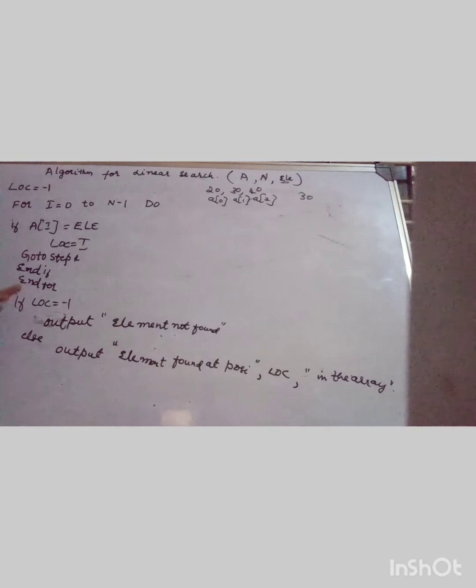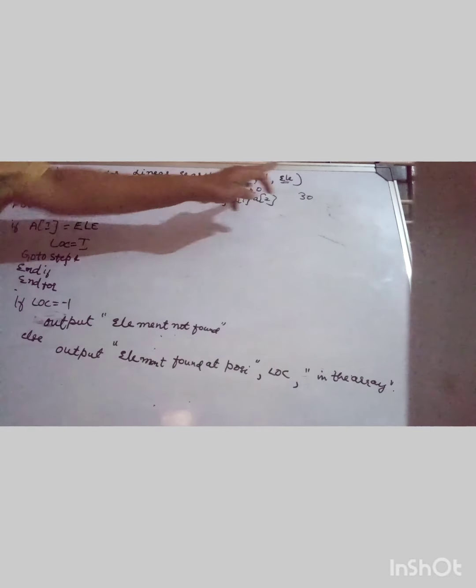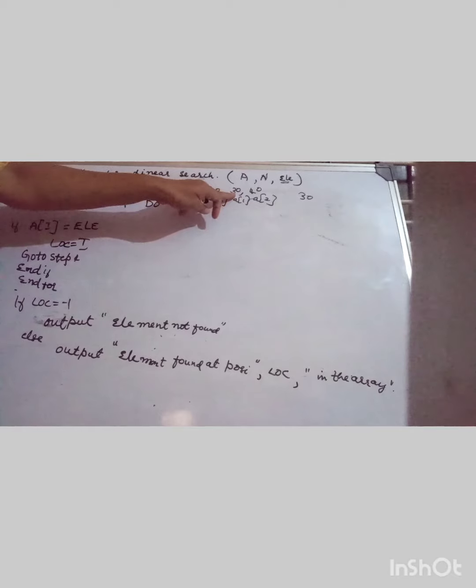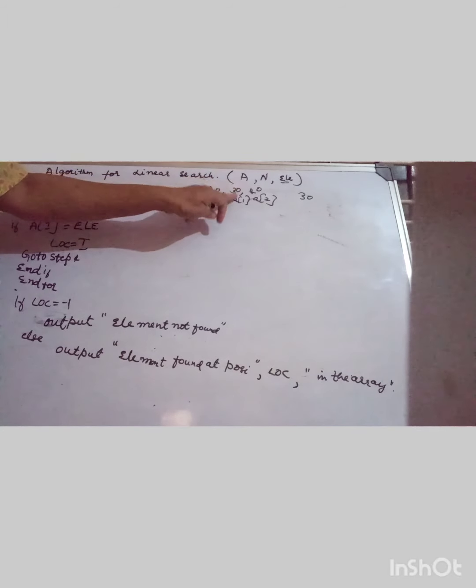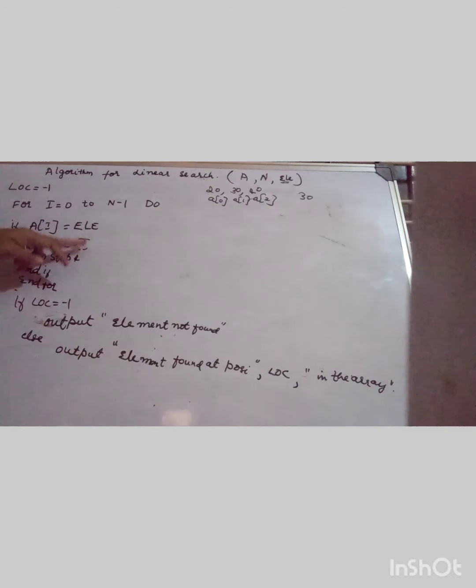So it goes back. Then once again it takes the next element. If the search element and A of 1 match, then that position we have to take. Location is equal to 1 it will take. If the location isn't found, output is element not found, else output element found at the position. This is how we are going to write the algorithm.